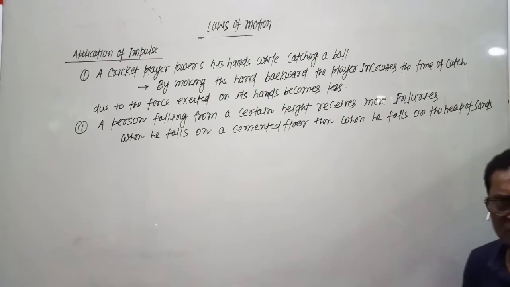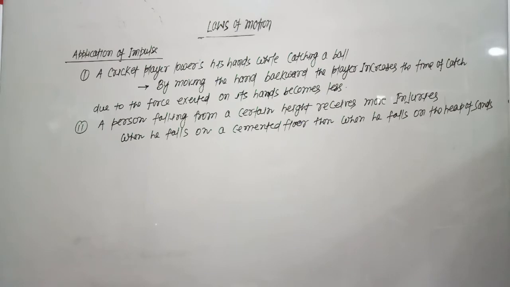Because when he falls on the heap of sand, he does not stop suddenly. He increases the time of stop, and due to the increase of the time of stop, a person receives less injuries.